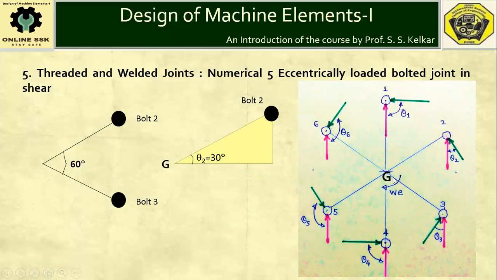The externally applied load applies a moment or torque equal to W into E, and it will try to rotate the bracket in clockwise sense. So the secondary force will get applied in such a direction as to cause anti-clockwise rotation of the bracket.